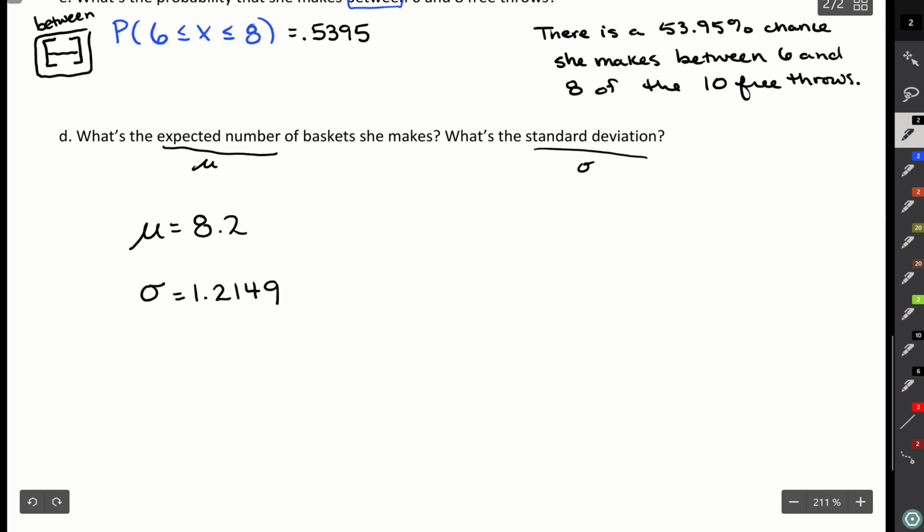And how this would translate into a sentence, the mean is our expected value, so that's what we expect her to do, and standard deviation tells us how we differ on average from that mean. So we expect her to make 8.2 of the 10 free throws.